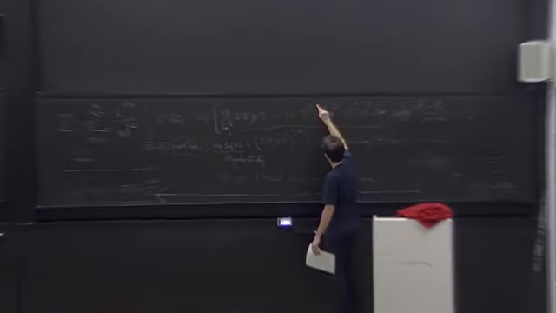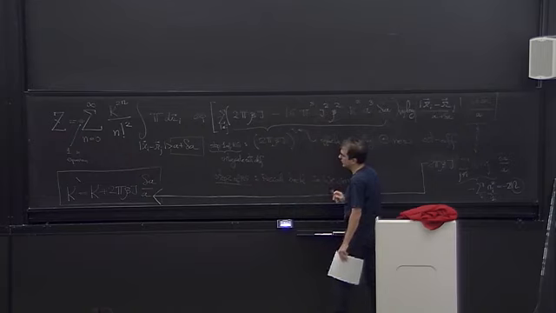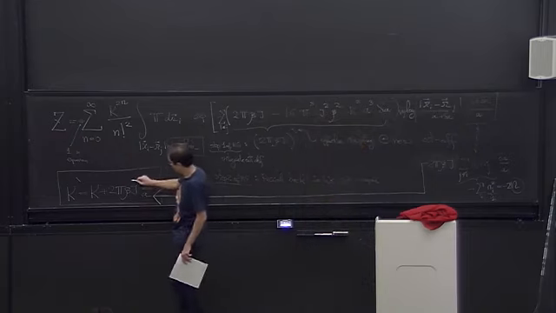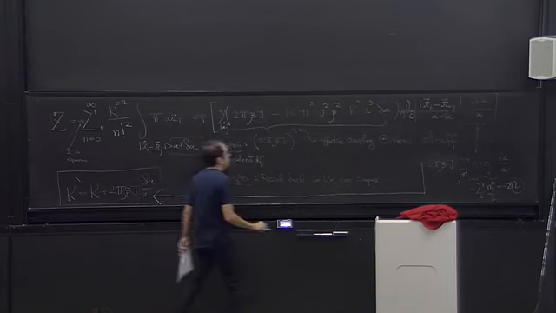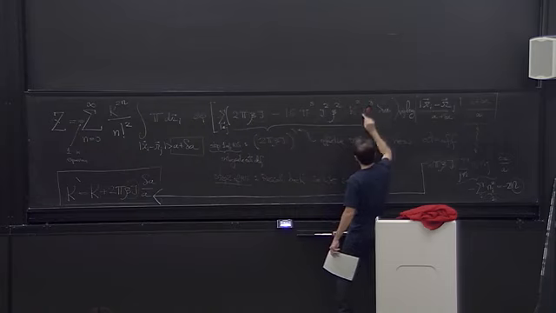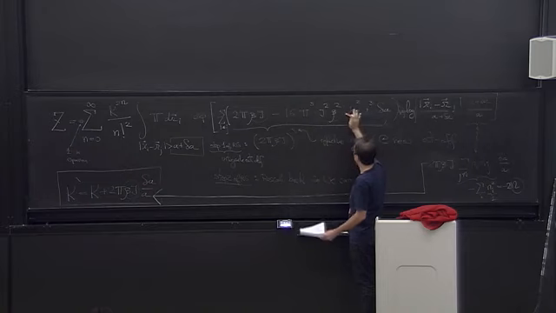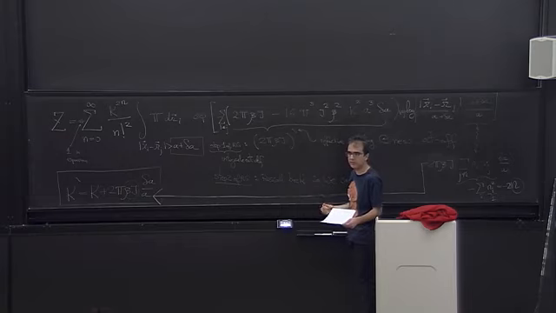Here I get beta j square. Here I get beta j, so all good so far. But here I get k, and here I get k square and a cube. So I want to write equations where I don't have all these powers of a floating around and I'm dealing with dimensionless quantities, and that's what we are going to do now.